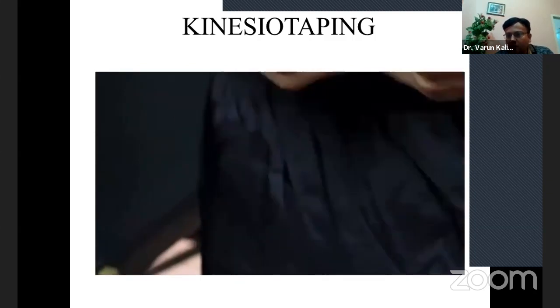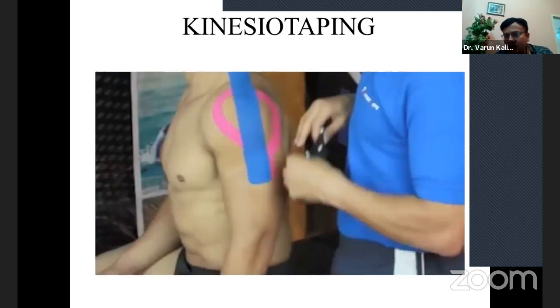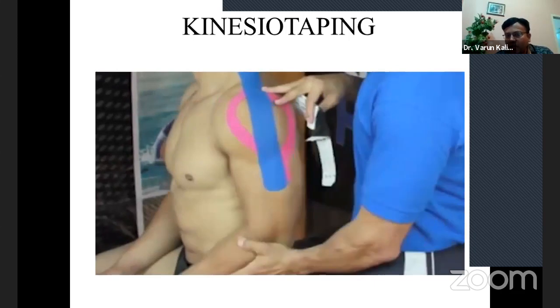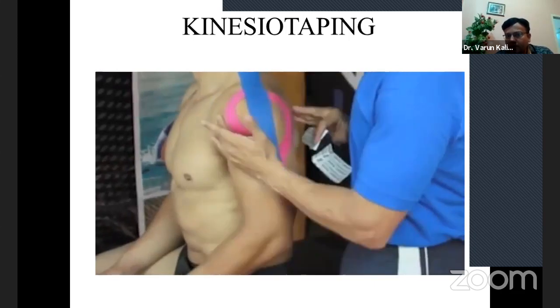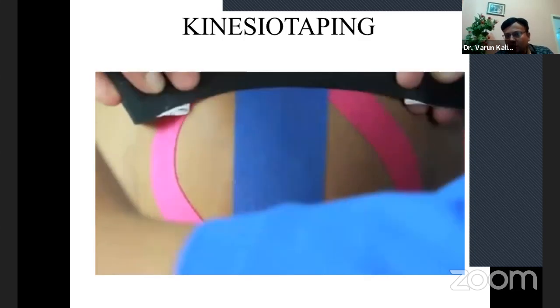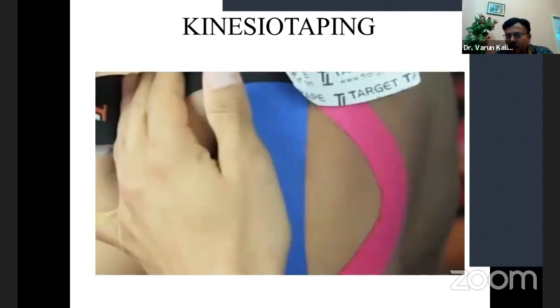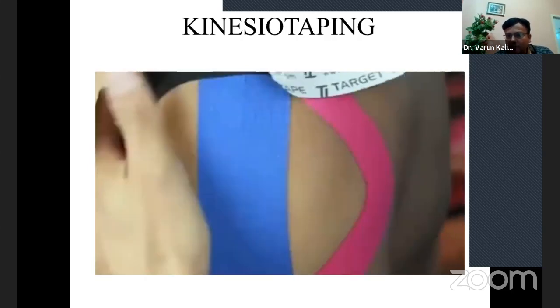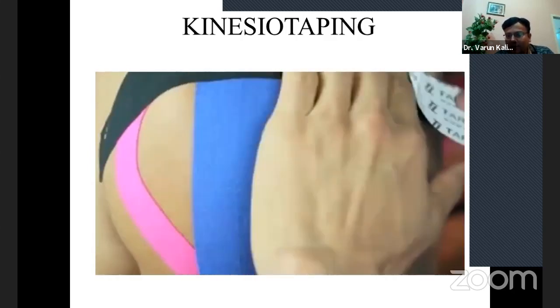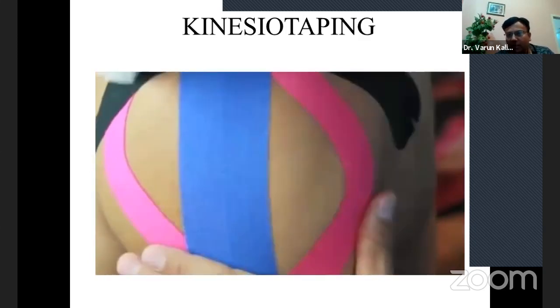After tearing it, we will start adhering the third piece exactly at the level of the acromioclavicular joint by maintaining the shoulder in neutral position. And after that, we will adhere the anterior piece of the kinesio tape at the anterior fibers of the deltoid and the posterior piece at the posterior fibers of the deltoid, like this.